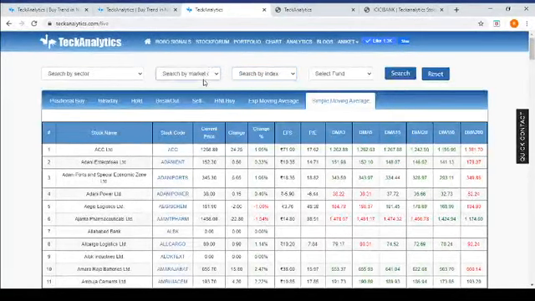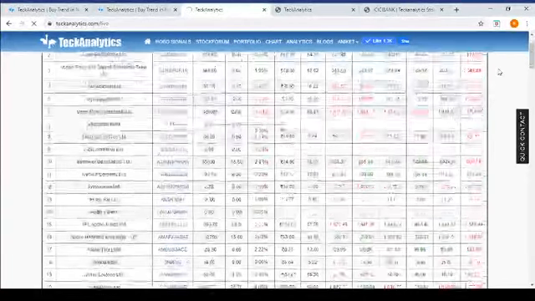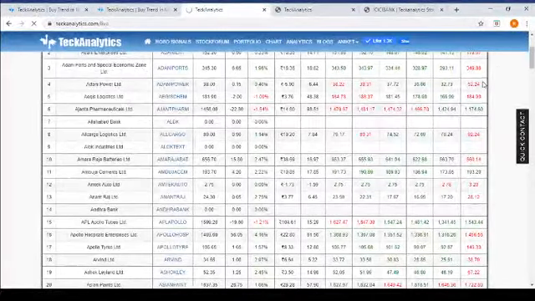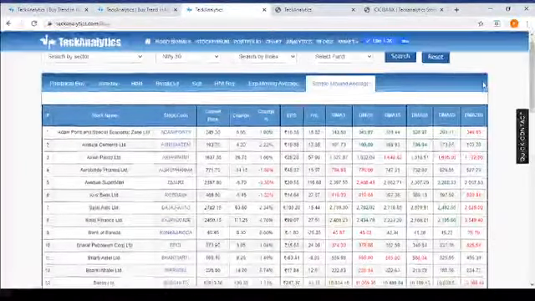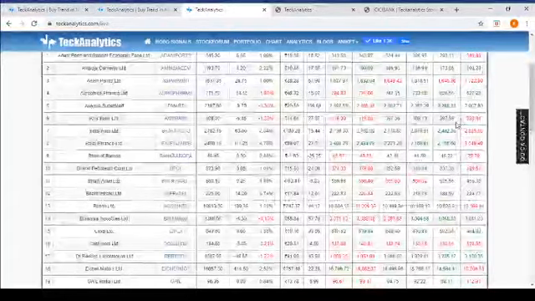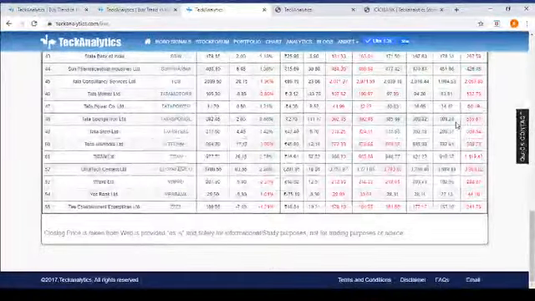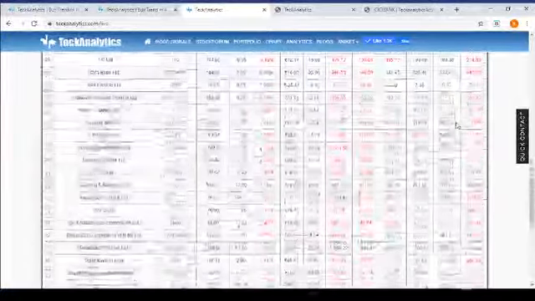Currently in your user ID you have only Nifty 50 filtering somehow. Let me see. Yeah, the filtering only works for the access you have, but yeah, 55 is showing, correct.